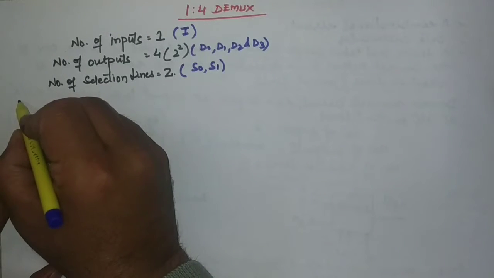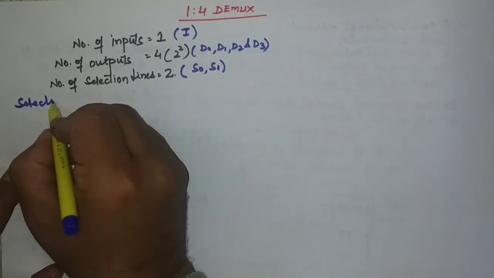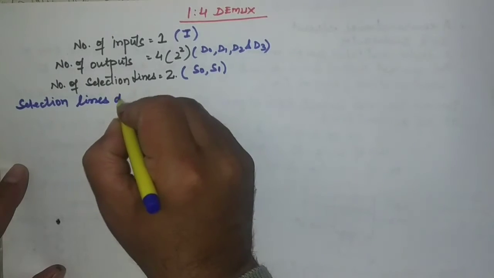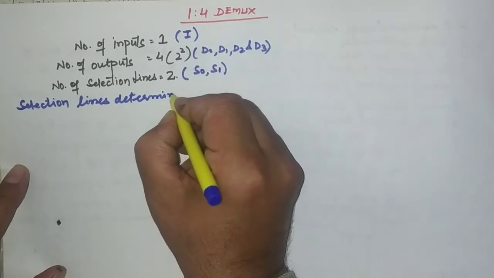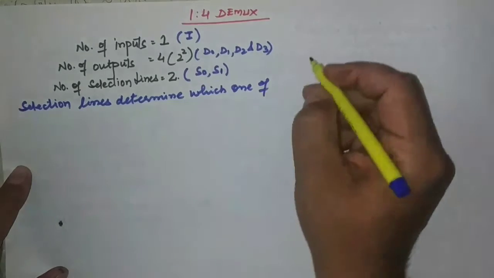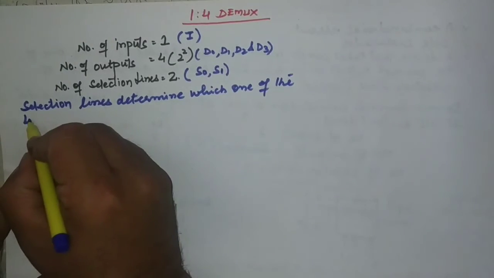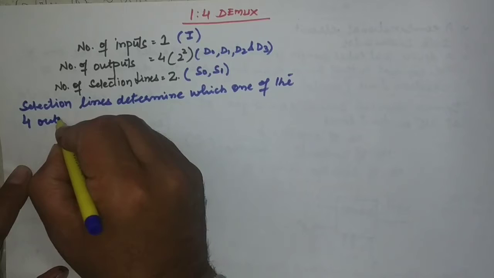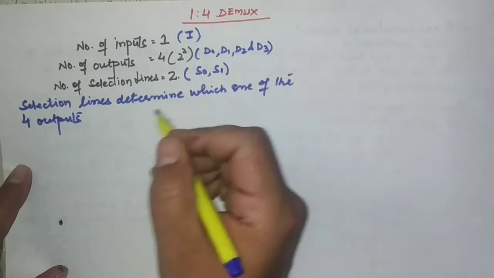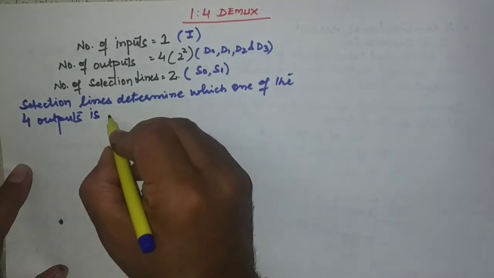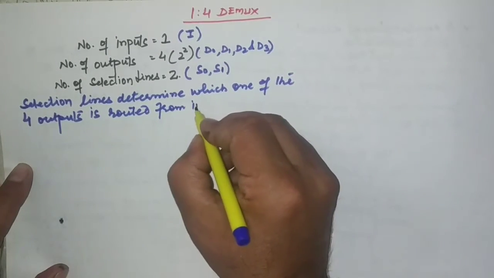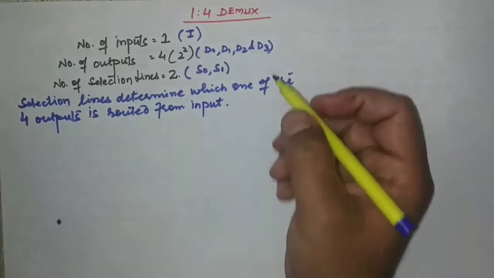We also know that the selection lines determine which one of the four outputs, D0, D1, D2 or D3, is routed from the input.